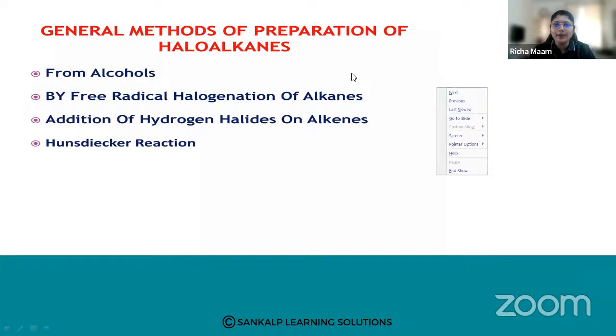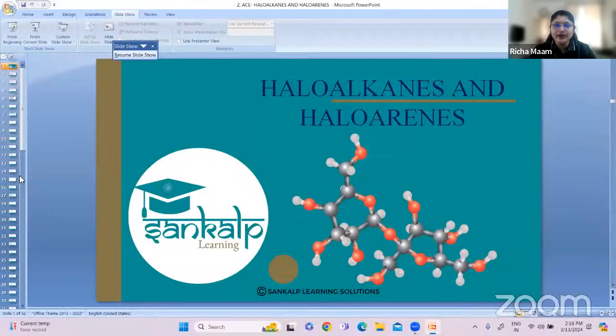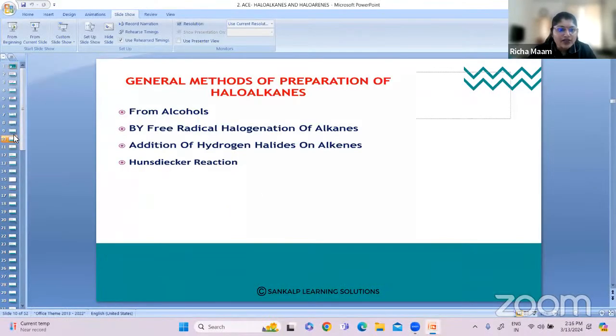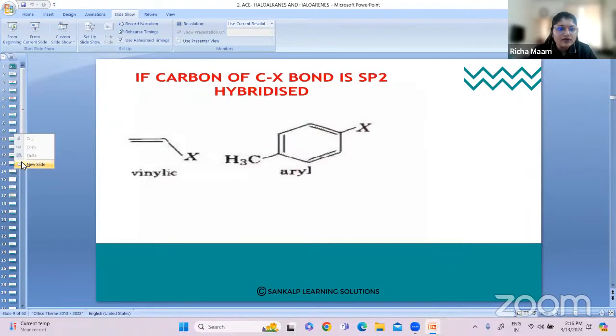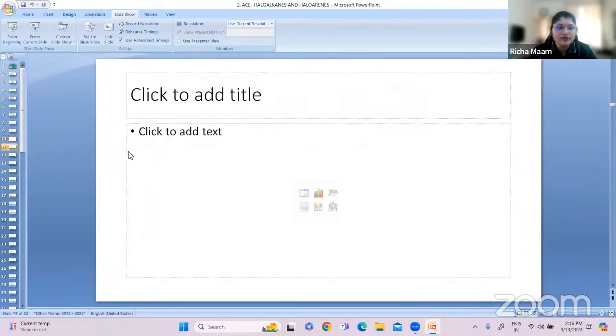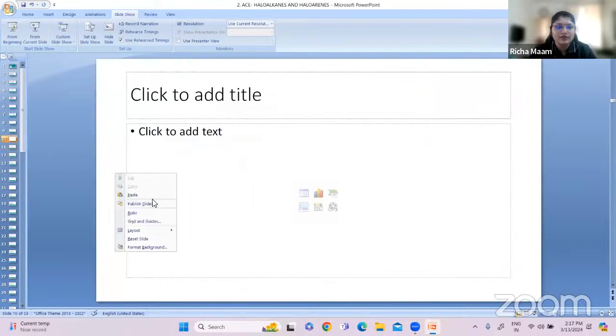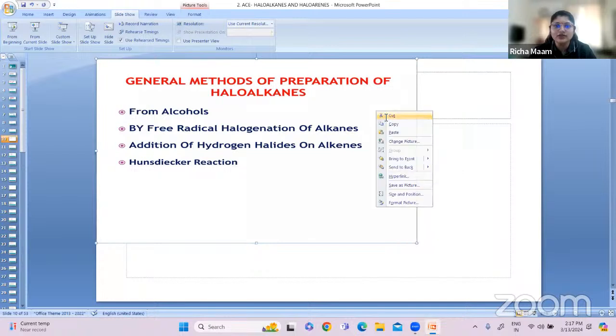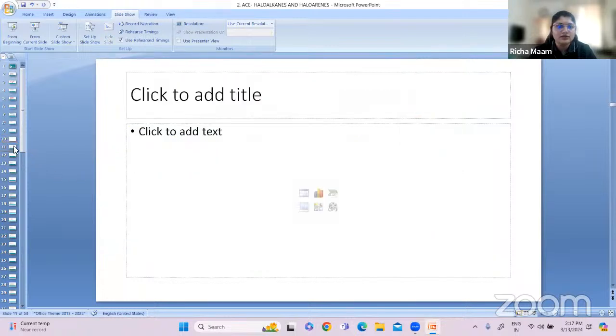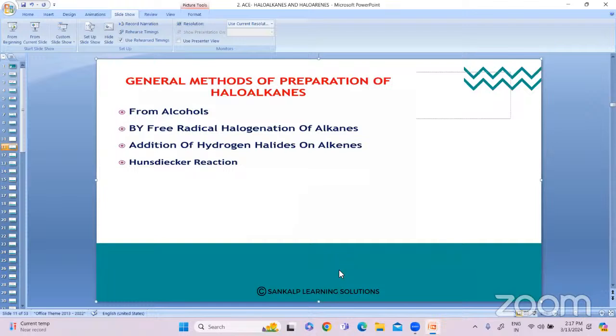Next is the nomenclature. Next we are going to study about the nomenclature. What do you mean by nomenclature? Naming a compound.